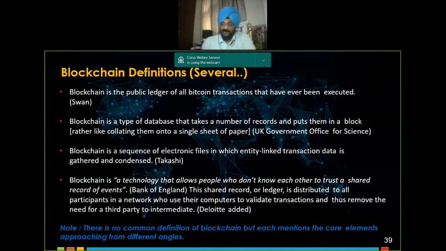There are a number of entries which make up a block, and you're then collating that particular block and publishing it. And once you publish it, a consensus mechanism works, and everybody in a distributed environment, on different nodes, validates it. So these are a sequence of electronic files in which linked transactions are gathered and condensed.